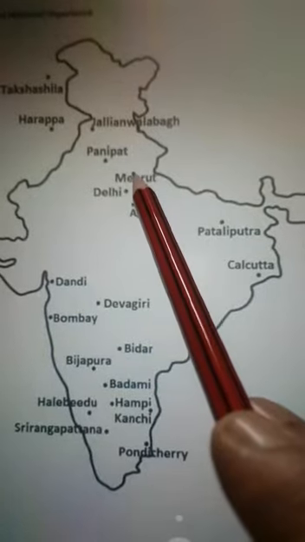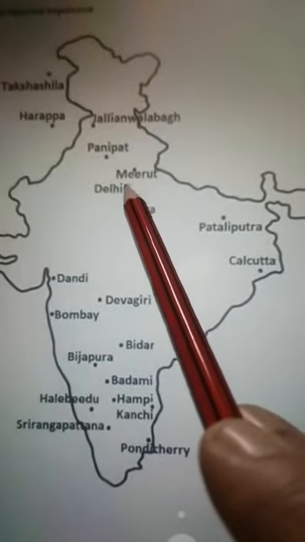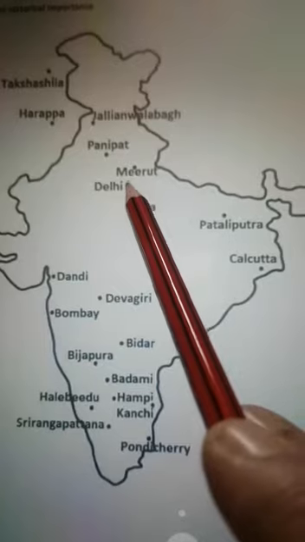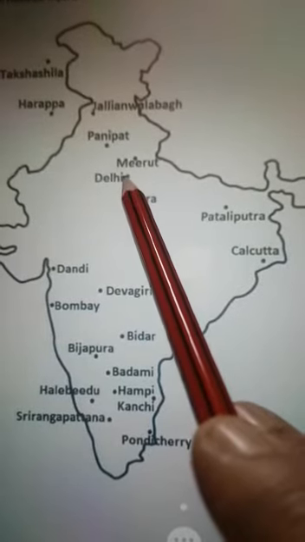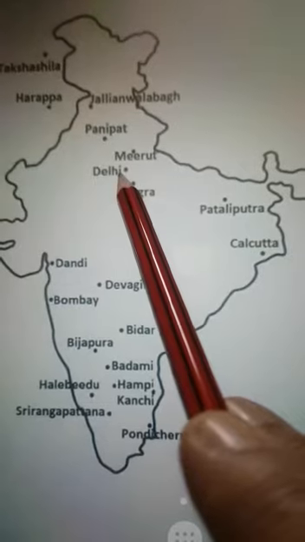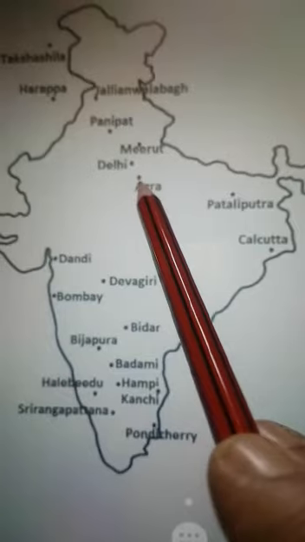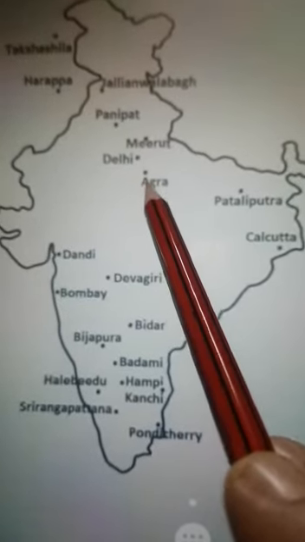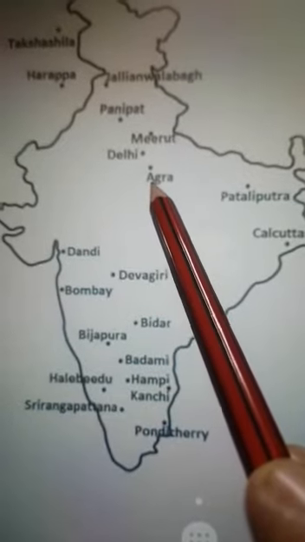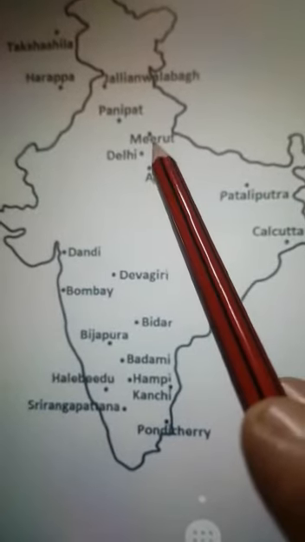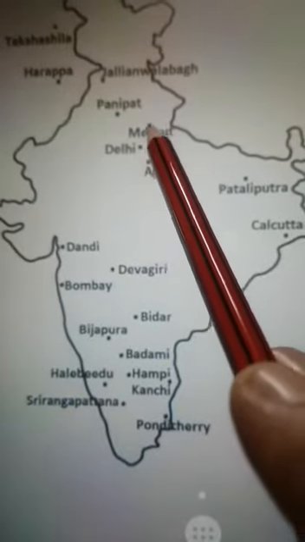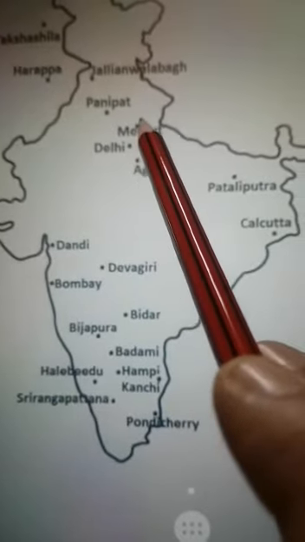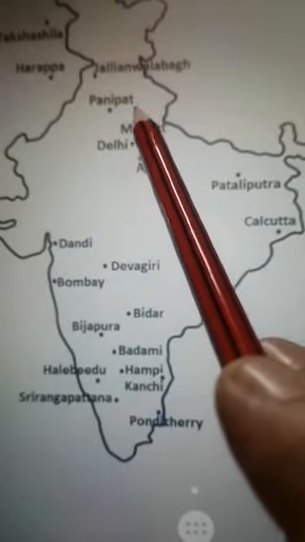You can mark Meerut, and slightly below that, leftward from Meerut, you can mark one more point about half a centimeter, Delhi, and further lower about half a centimeter, you can mark Agra. So you can see Meerut, Delhi, Agra, almost marking a triangular part, 1, 2 and 3.